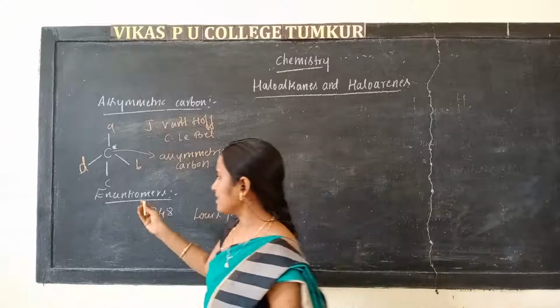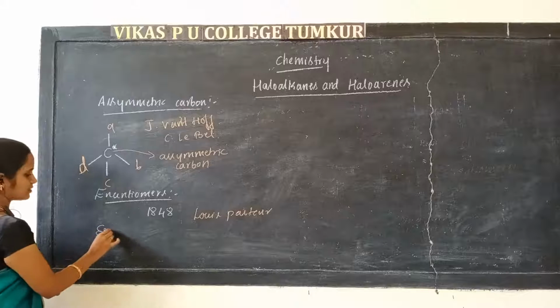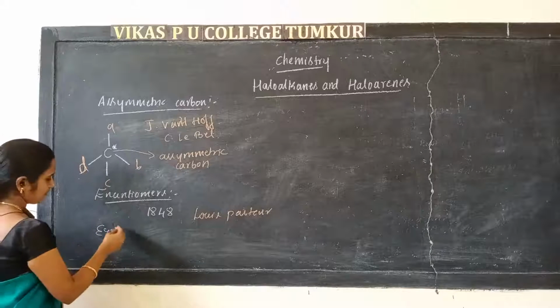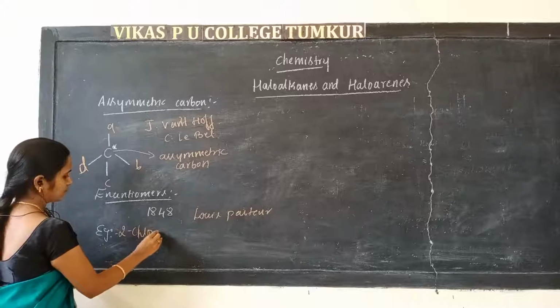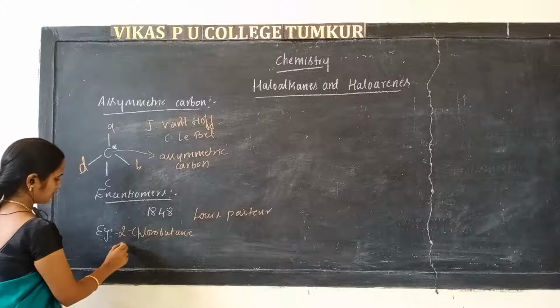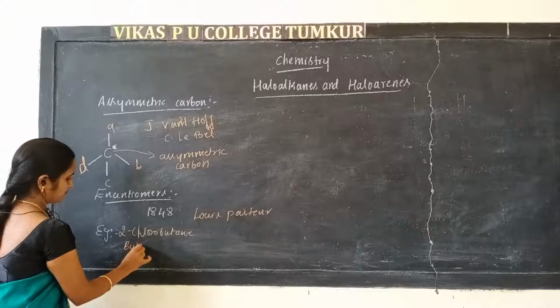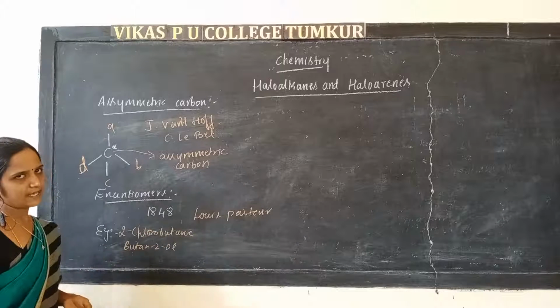That we call enantiomers. Examples for enantiomers are 2-chlorobutane and butan-2-ol.